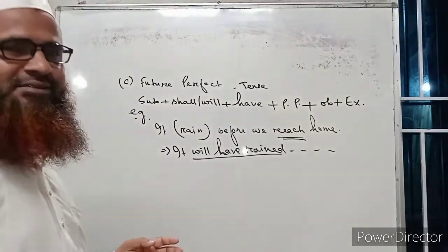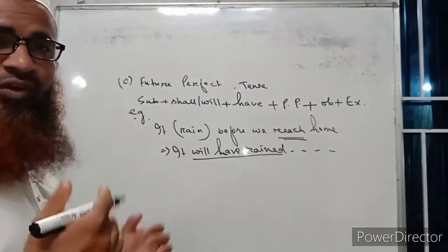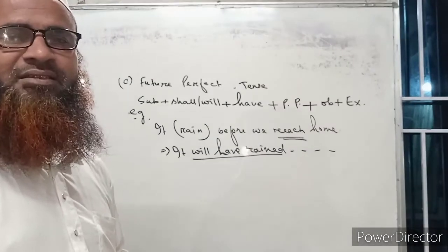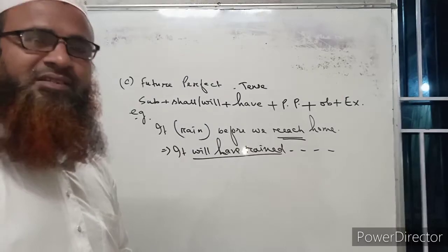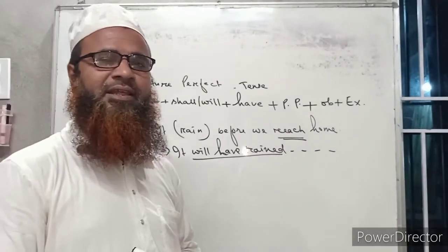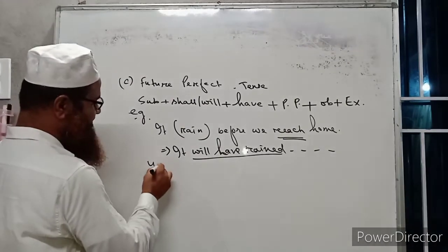Again, we may write that before some fixed time of the future, the action will be or might be completed. So in such cases also we can use future perfect tense.